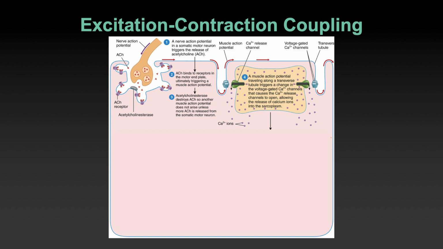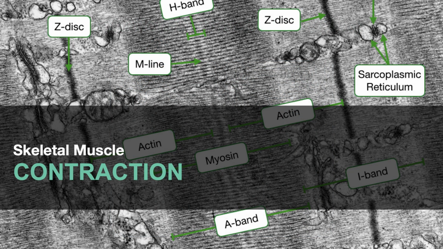So far, we've only gone through these first few points on how the signal is generated. The nervous signal is sensed by the muscle and calcium is released. But that doesn't automatically mean contraction will occur.